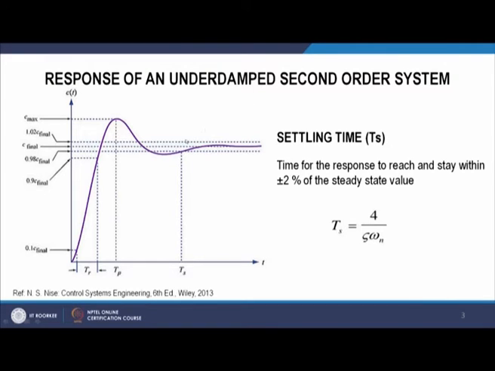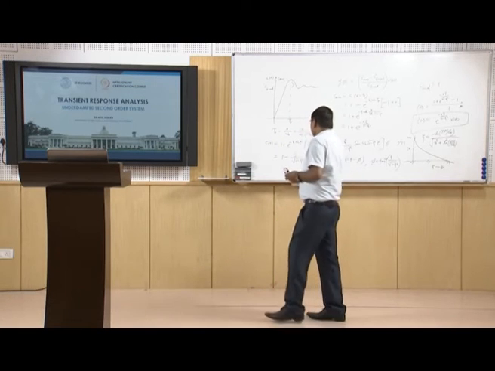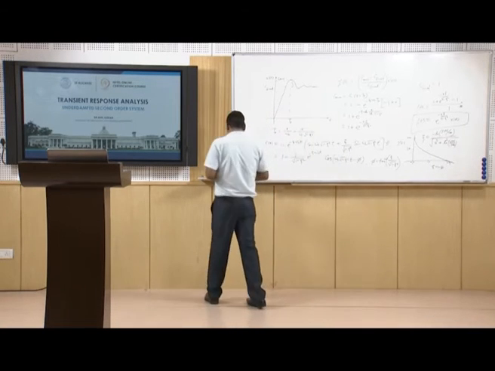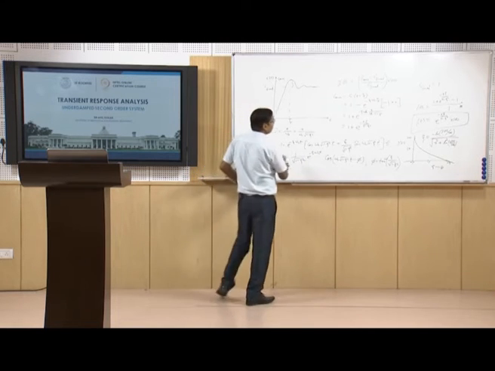The time when it reaches 0.98 of the final value, we call it settling time.